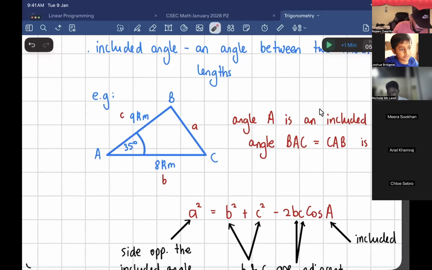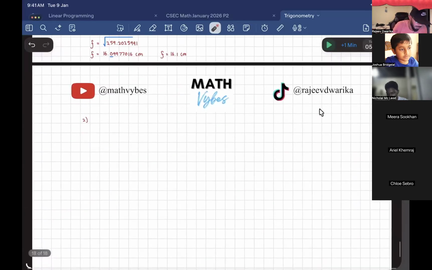If this is the angle, wouldn't this and this be the adjacent sides right next to the angle? For it to be included, you would need to know the lengths. So if I didn't know what length b was, then I would not be able to use the cosine rule. So remember that.